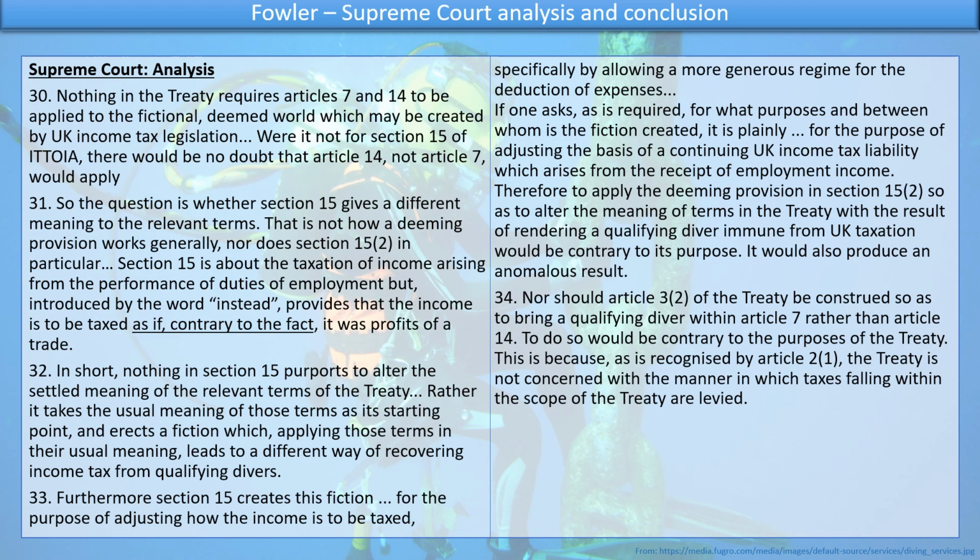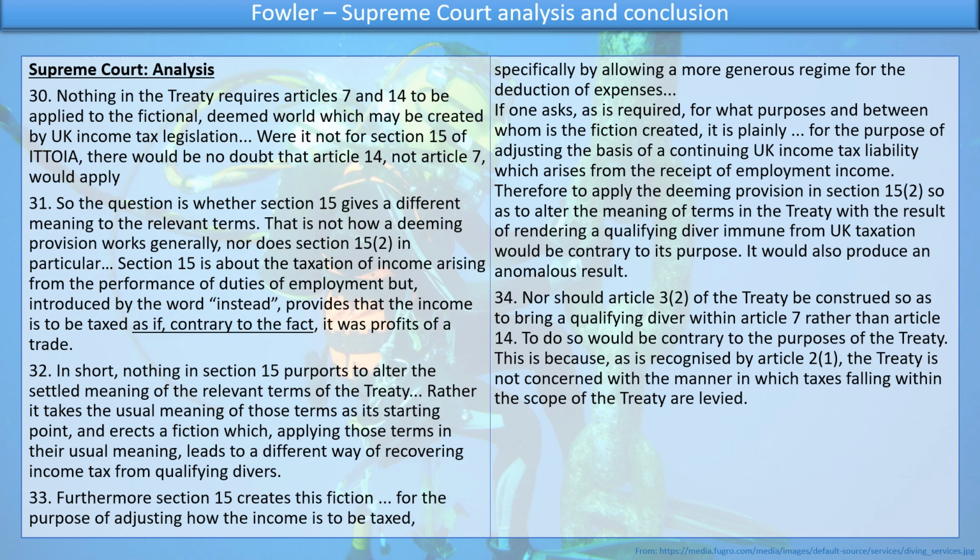To do so would be contrary to the purposes of the treaty because it might lead to no taxation in South Africa. Remember, South Africa would then apply the treaty and its law according to the definition of employment in its law, and it would be very clear that the diver is employed in the UK, because it's unlikely that South African law has a similar section as Section 15.2 in the UK legislation.